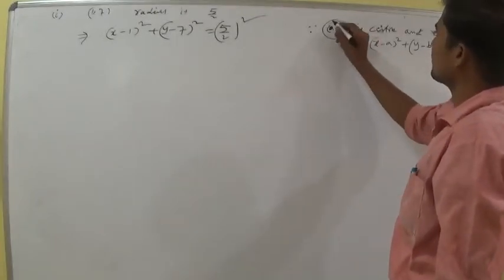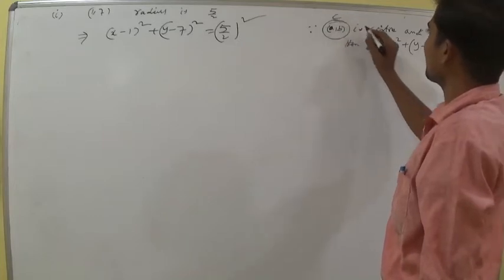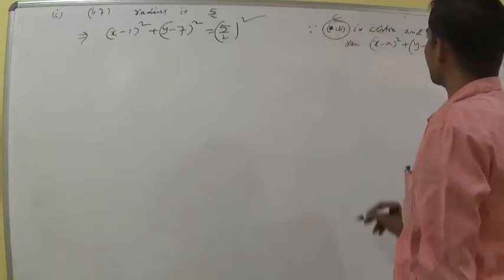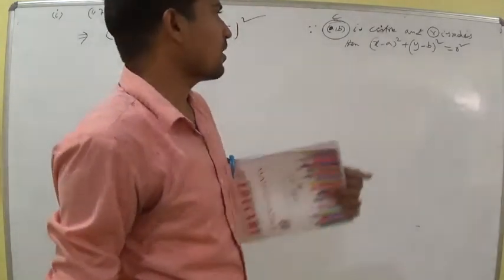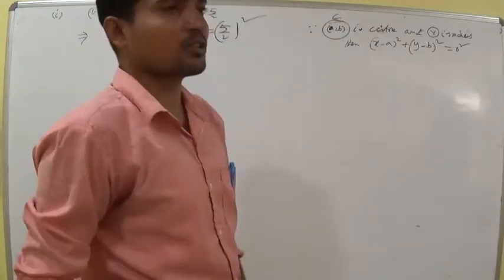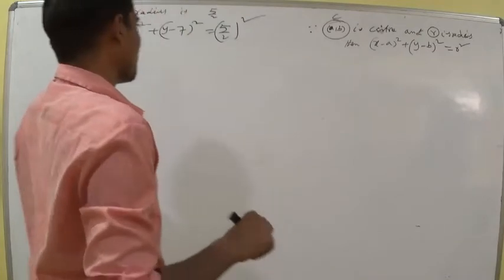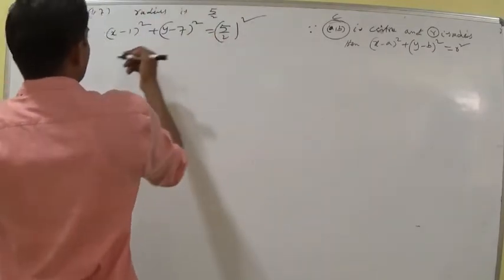The center is C, which is equal to (a, b), radius is r, then (x minus a) whole square plus (y minus b) whole square is equal to r square. That we used here.